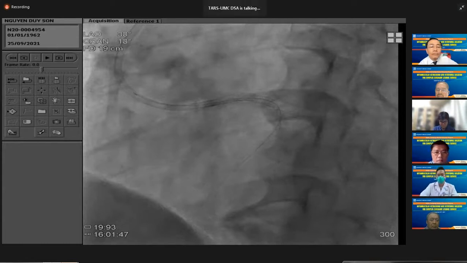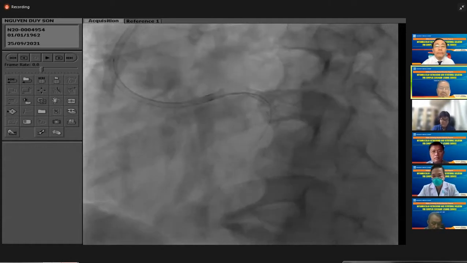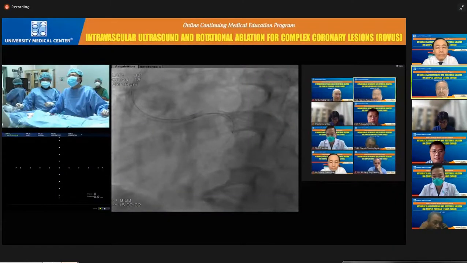Okay, so what do we do next? Do we pause, or rewire and do kissing? Dr. Quang, what do you think? In this case you must POT first, because the stent in the left main is a little bit small, and also to fix the dissection of the left main, you need to POT first to make sure that the stent covers everything.